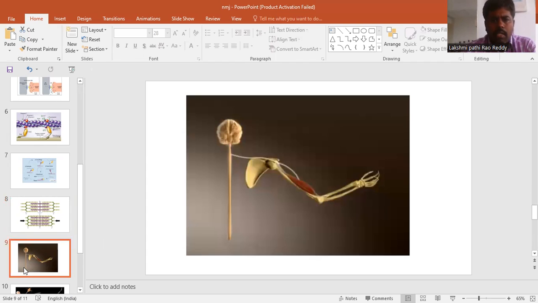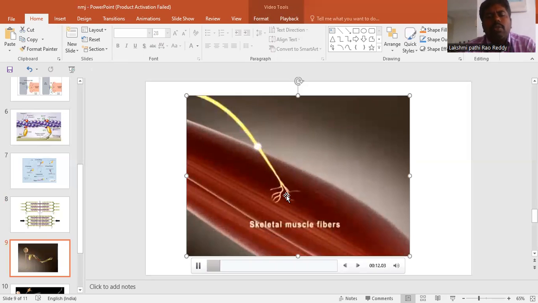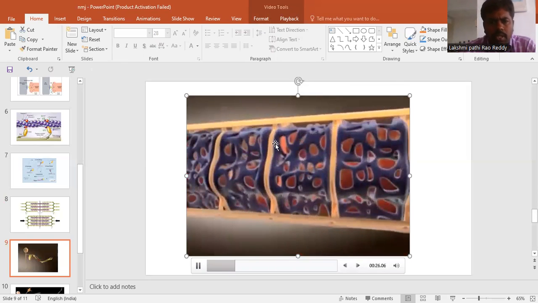Then another important thing that I want to show you is the diagram in video format, in which you can see an action potential reaching a muscle fiber and spreading the impulses. So when it is spreading the impulses, there is excitation contraction coupling.